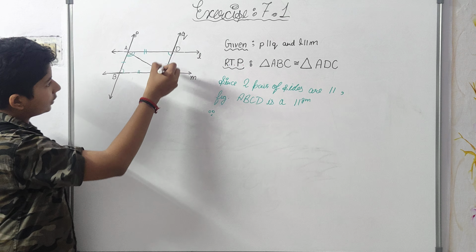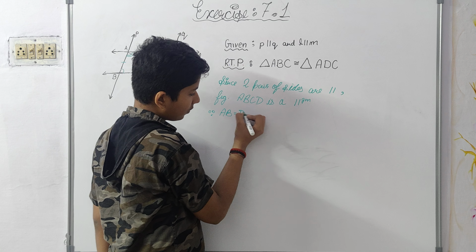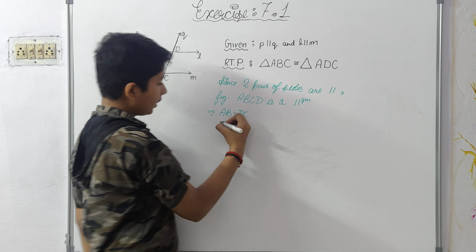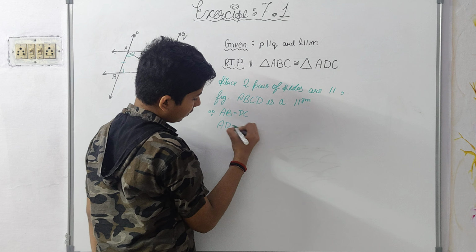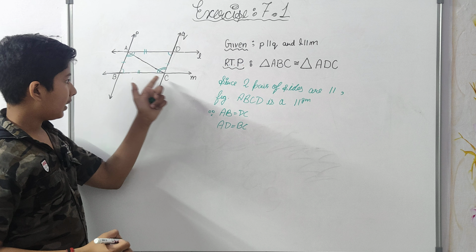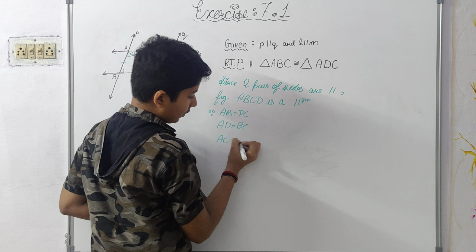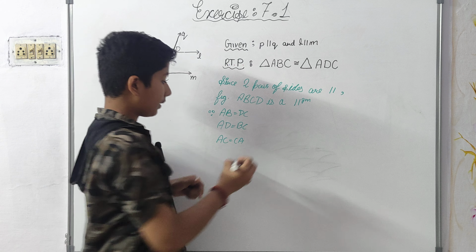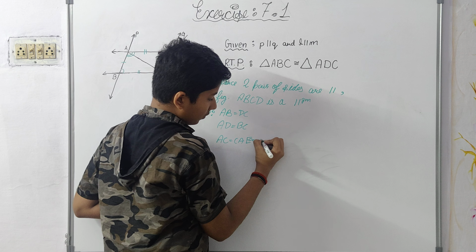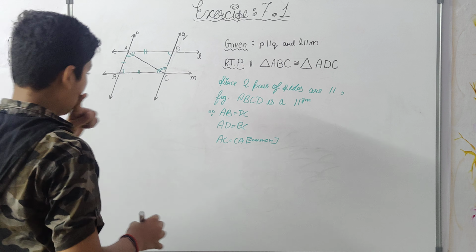So AB equals DC, AD equals BC, and at last AC equals CA. Why? Because this is a common side.